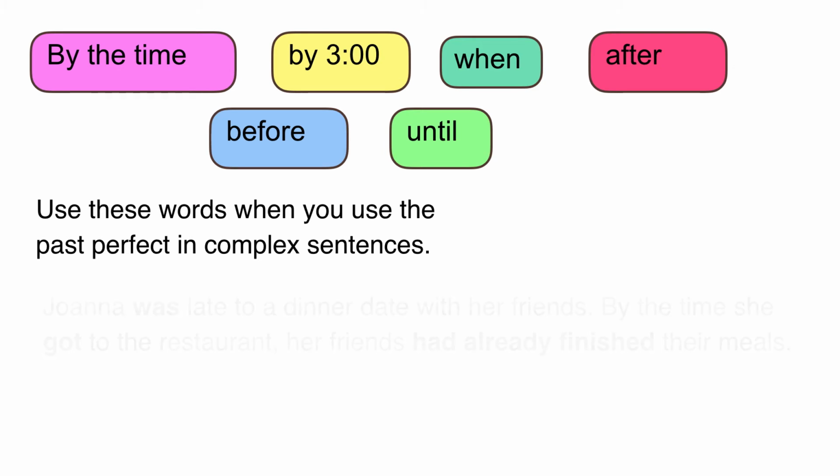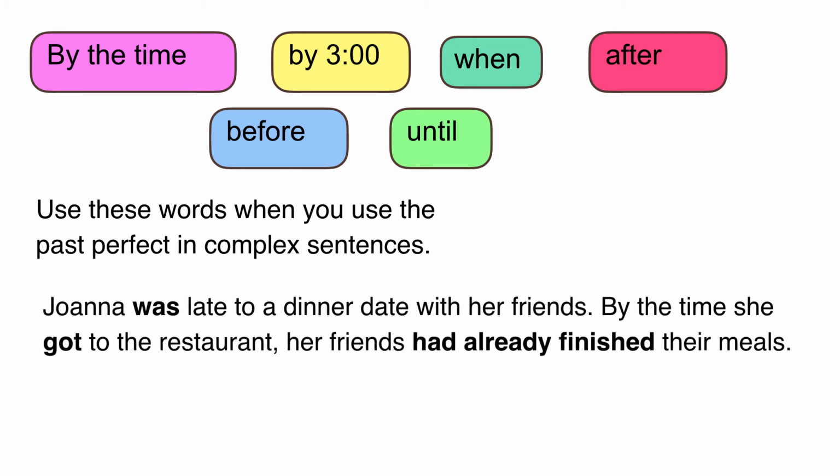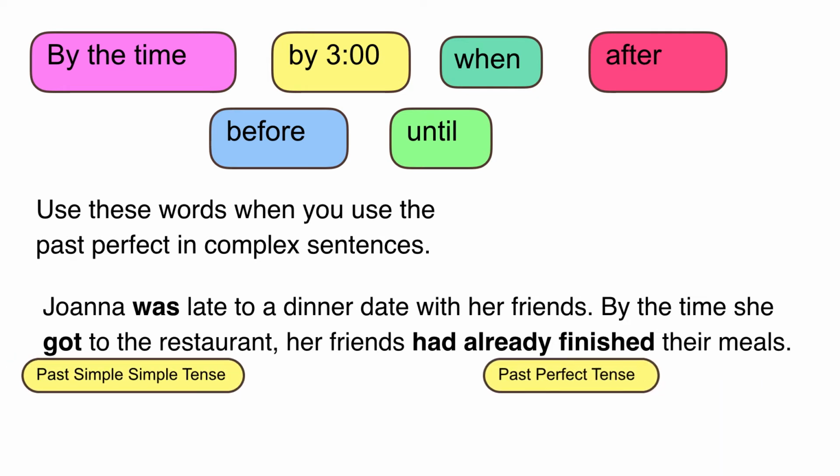For example, Joanna was late to a dinner date with her friends. By the time she got to the restaurant, her friends had already finished their meals. Here, you see two different verb tenses, the past simple tense and the past perfect tense.